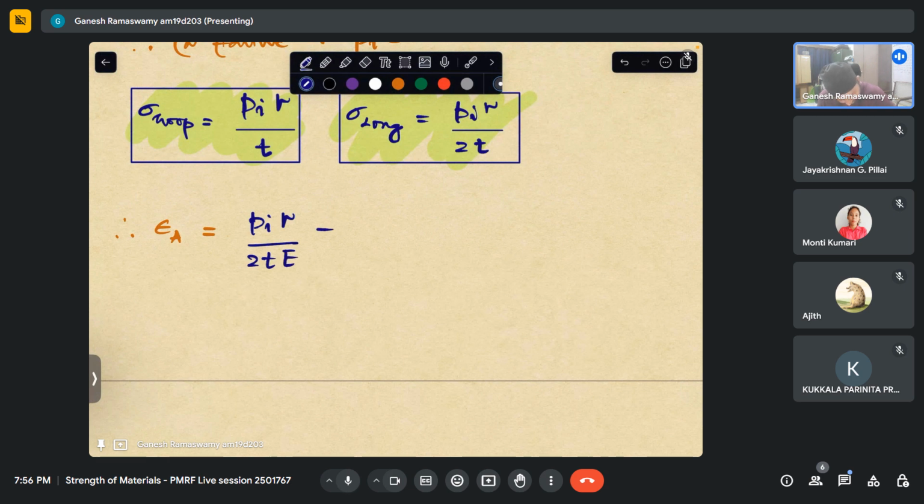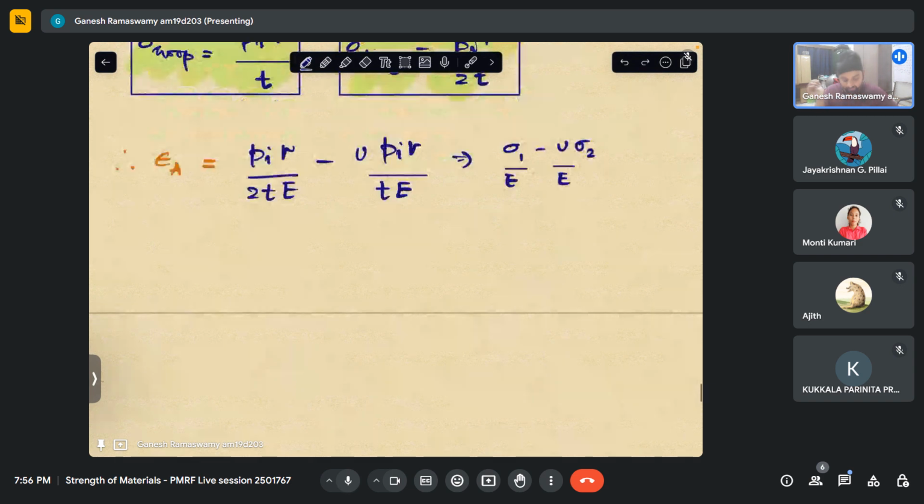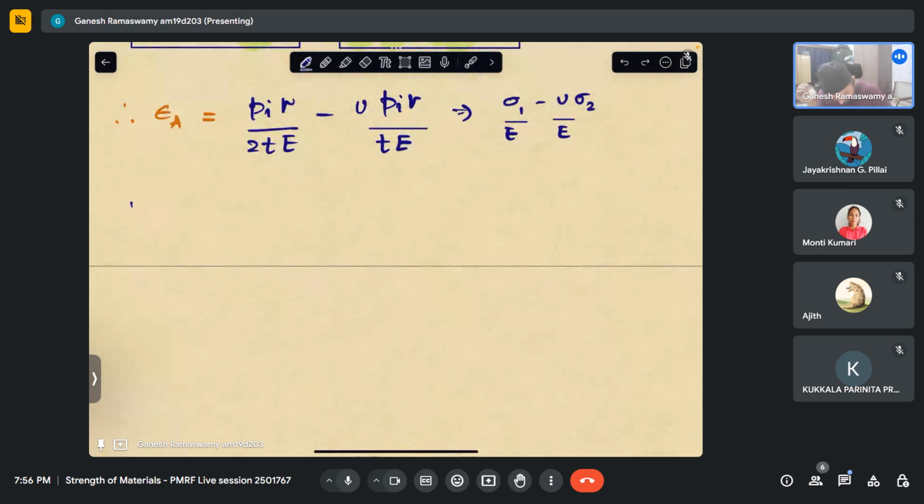Is there any confusion of how we have written this? What I have done is nothing but sigma 1 minus mu sigma 2 by E. Sigma 1 by E minus mu by E sigma 2. That is all I have written here for epsilon A. So epsilon A is nothing but Pi r by TE into half minus the Poisson's ratio.